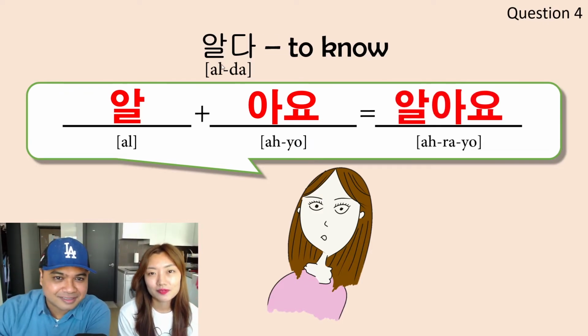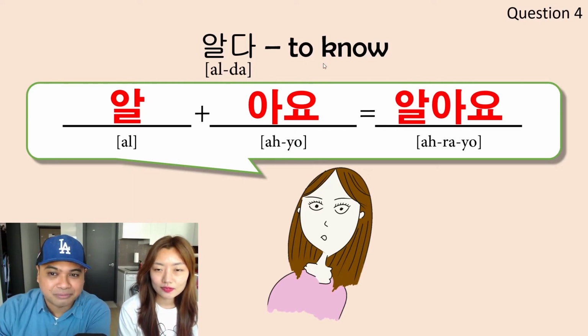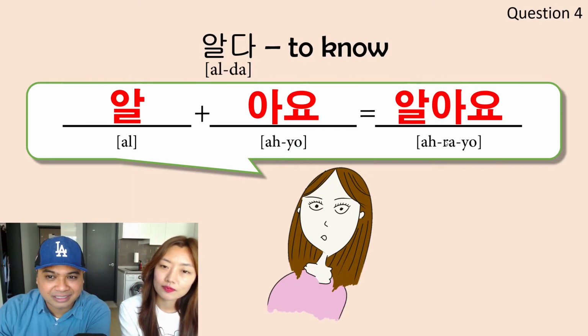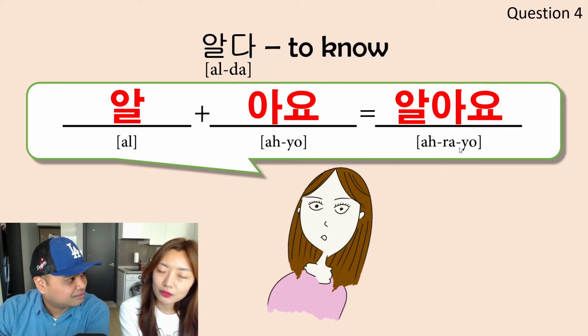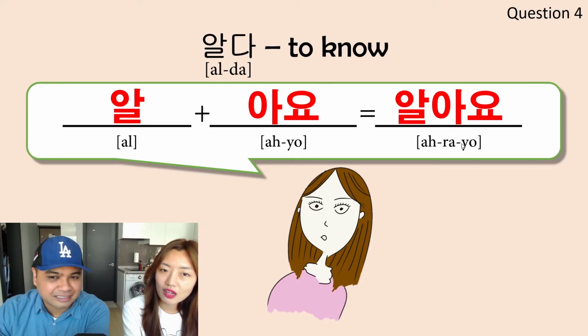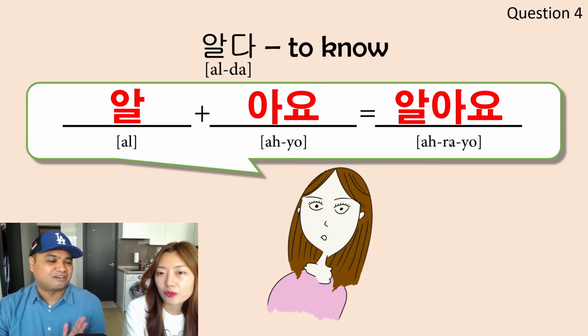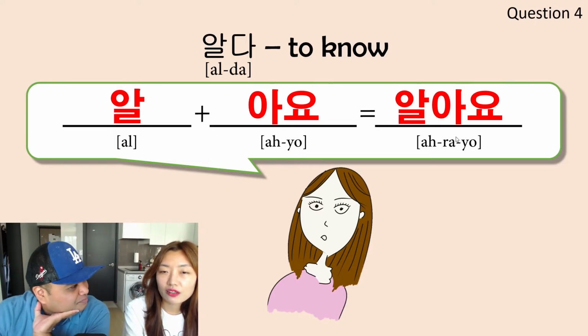Notice that it starts with an L sound in the base form, but when we conjugate it, it turns into an R sound. Alda, and then arayo, 알아요. It's closer to an R, no?